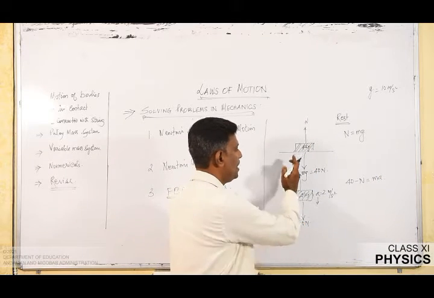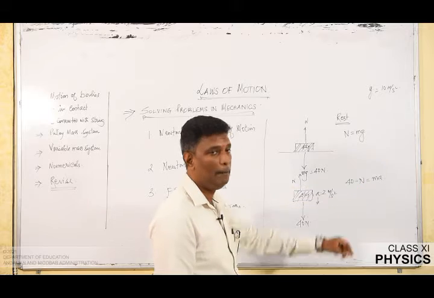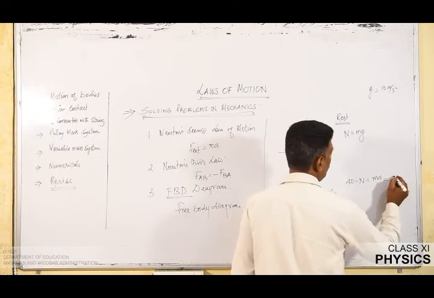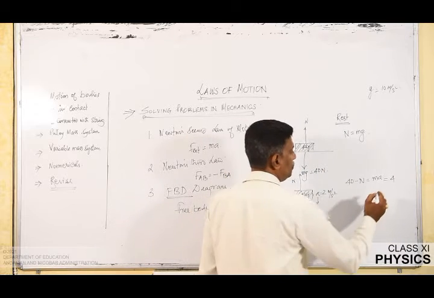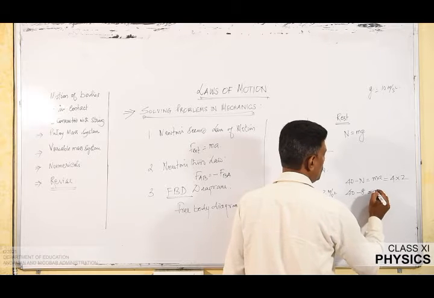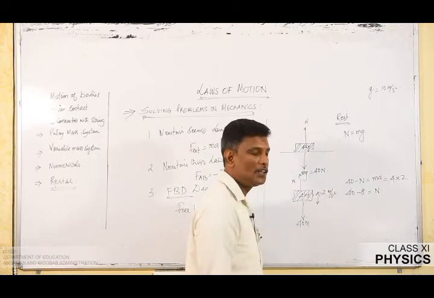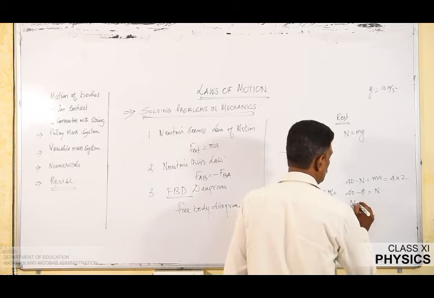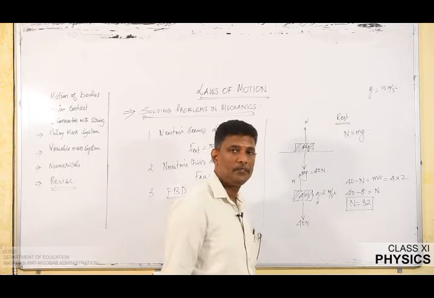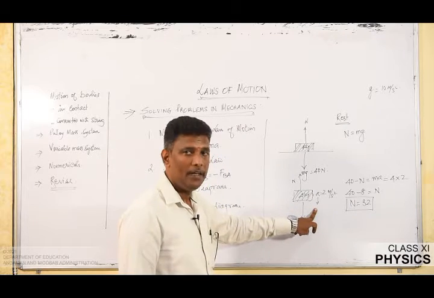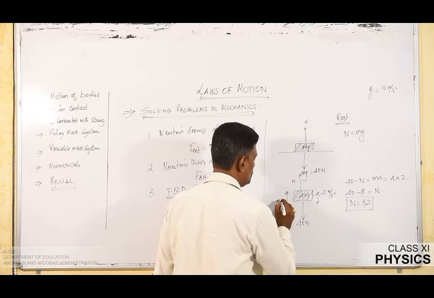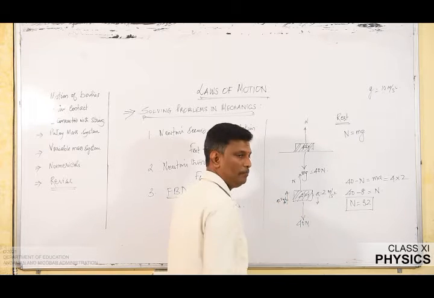Here m is 4 and a is 2. So 40 minus 8 is equal to N, the normal reaction, or we can say N is equal to 32 Newton.